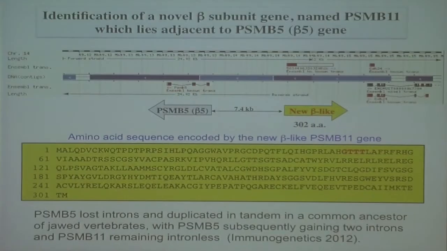For example, this gene is located very close to the beta 5 chymotrypsin-like gene, in the opposite orientation. But this gene is intron-less, so it is encoded by a single exon.